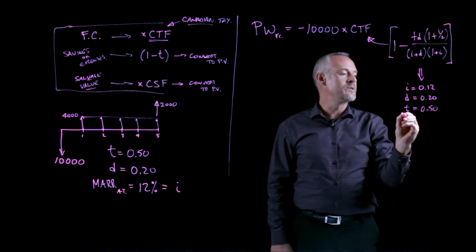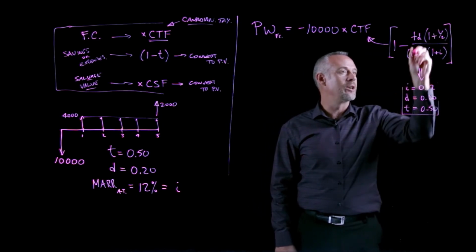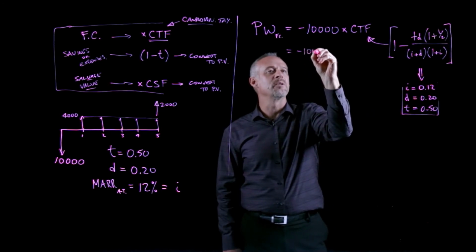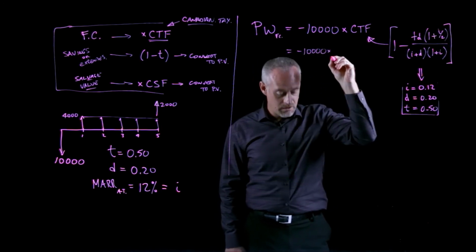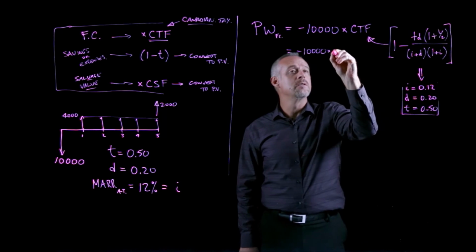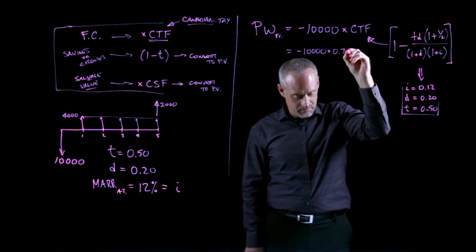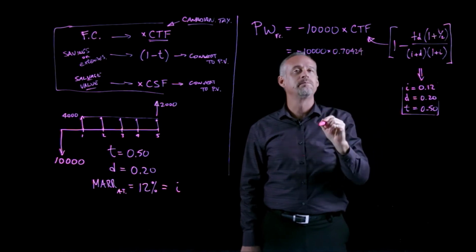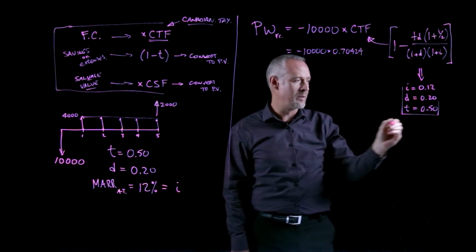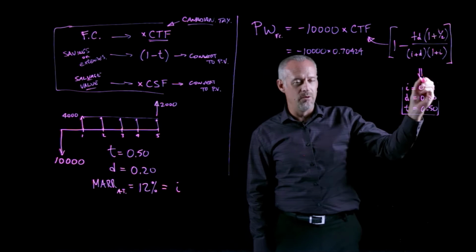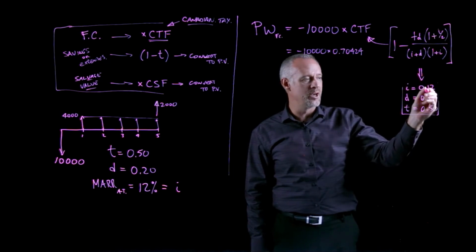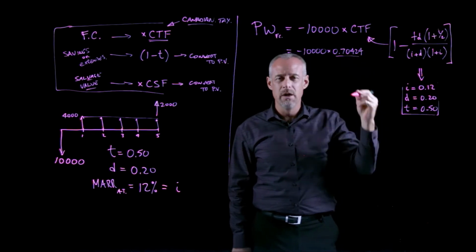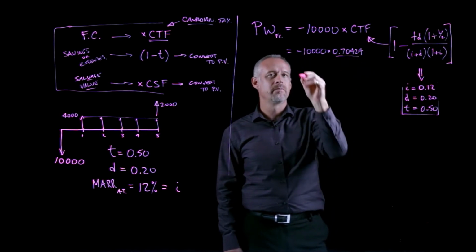Go ahead and plug these numbers into this formula and see if you can come up with the value for the capital tax factor of 0.70424. Most of the time, with somewhat normal values for depreciation, interest, and tax, you'll end up with a capital tax factor somewhere around 0.7.